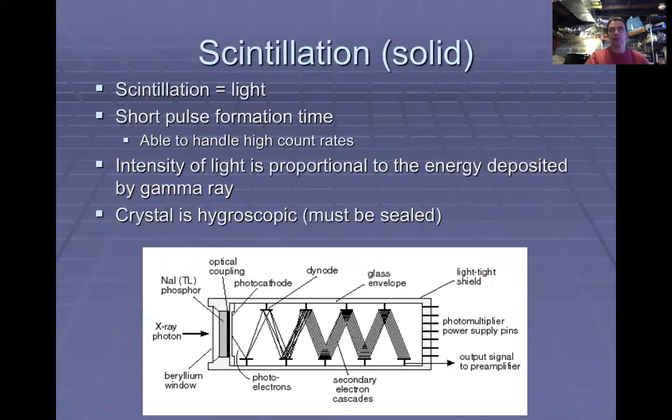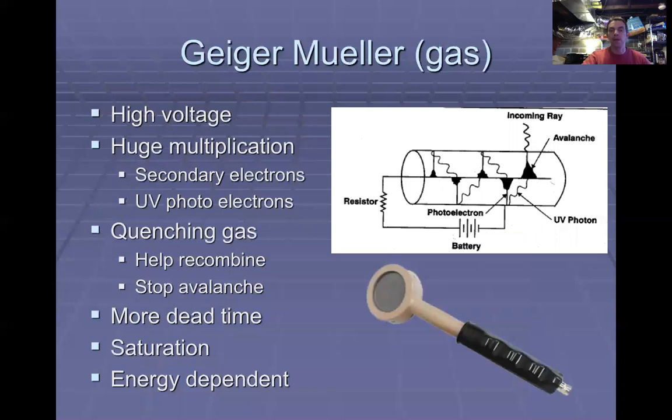Going back to GM. So these are the highest voltage detectors. What happens here is that really any ionizing event that takes place within the active volume of this detector, remember it's still a gas-filled detector, creates that ionization, creates that cascade, that avalanche effect.